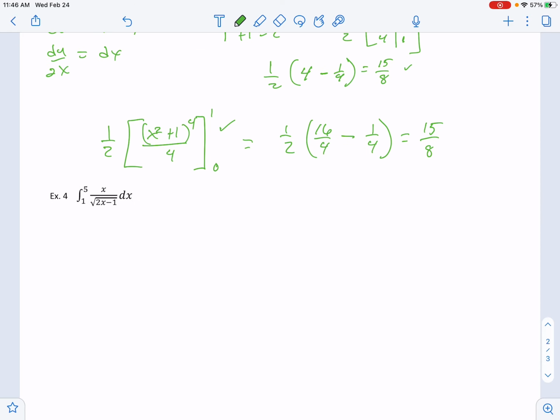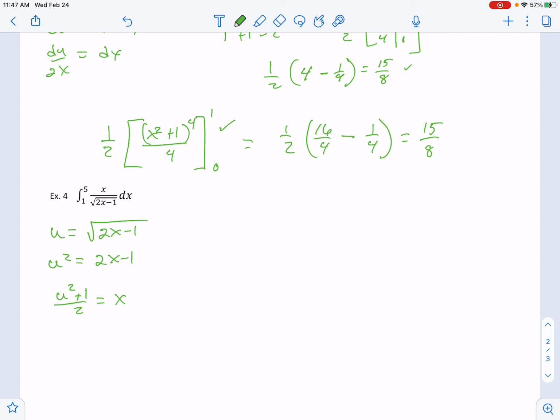Let's do one more. I'm going to let u equal the square root of 2x minus 1. You're like, how did you know that? Same thing. I probably had to work it twice. Okay? I'm going to square both sides, so I get u squared is equal to 2x minus 1. And then I'm going to solve this for x. So I have u squared plus 1 over 2 equals x.